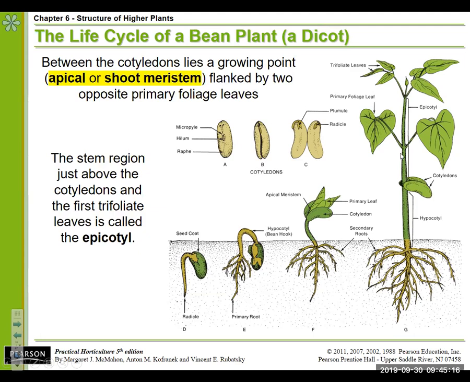Between cotyledons and really at every node, we have a growing point, and that is called the apical or shoot meristem, depending on where it's at. The apical meristem is at the top. The shoot meristem will allow it to branch out in either direction. So the important thing about the meristem is this is where growth is basically occurring, where it's initiated.